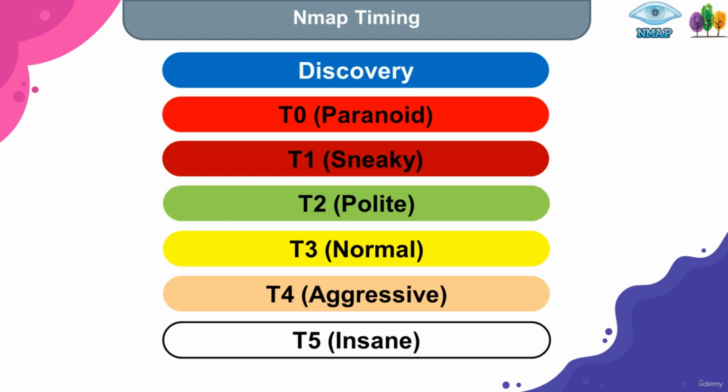If it fails to complete a scan within 15 minutes, NMAP will give up a host. Otherwise, T5 should only be used on a fast network and high-quality systems, because sending packets that fast can affect the operation of the network or the entire system and can even cause system failure.